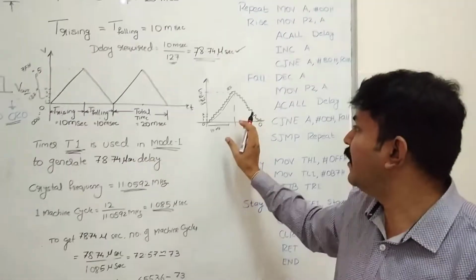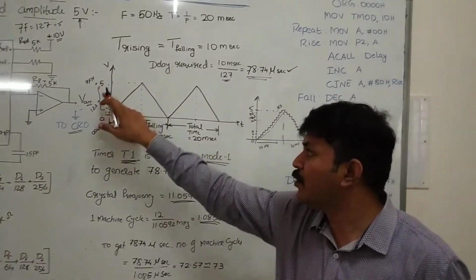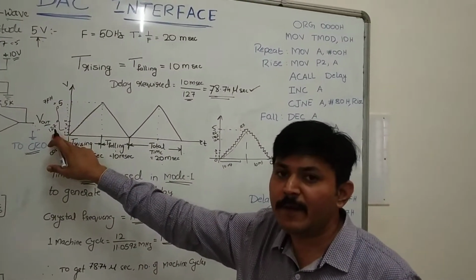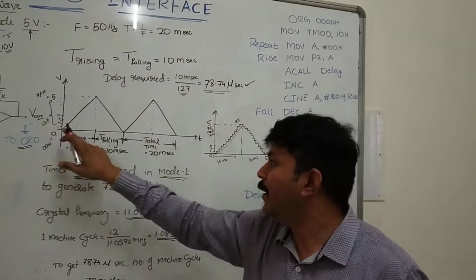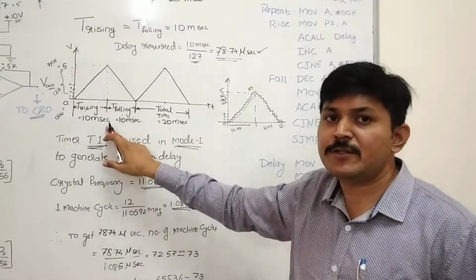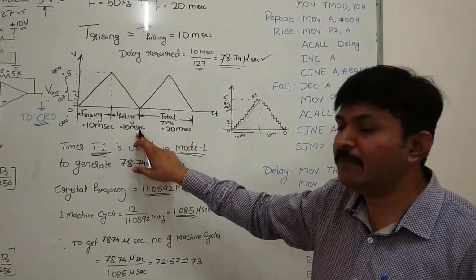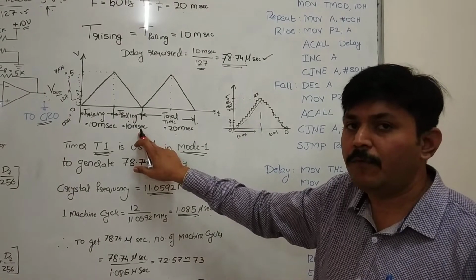This is the concept behind the triangular wave, and this is why I divide the voltage level 0 to 5 volts into 127 voltage levels, and I'll increment these voltage levels over 10 milliseconds for the rising edge, and 10 milliseconds for the falling edge.